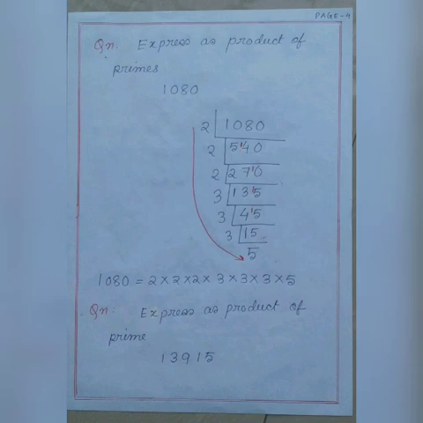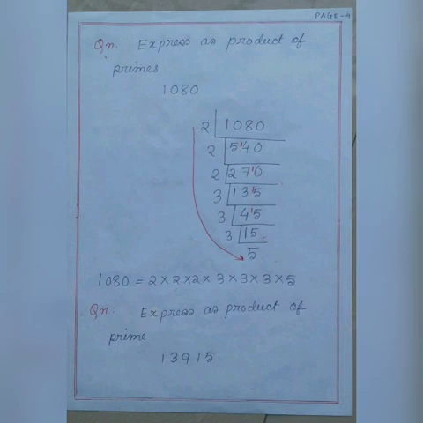Using short division, I get 270. Again 270 is divisible by 2. I get 135. 135 I cannot divide by 2, so I shall divide with the next prime number 3.